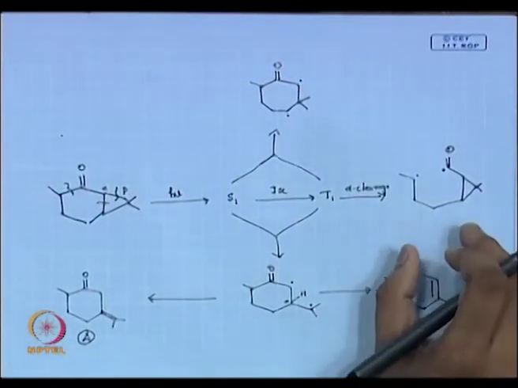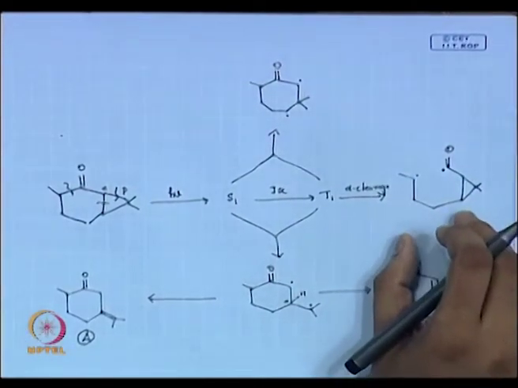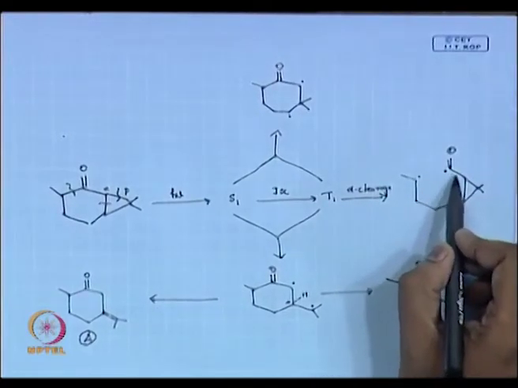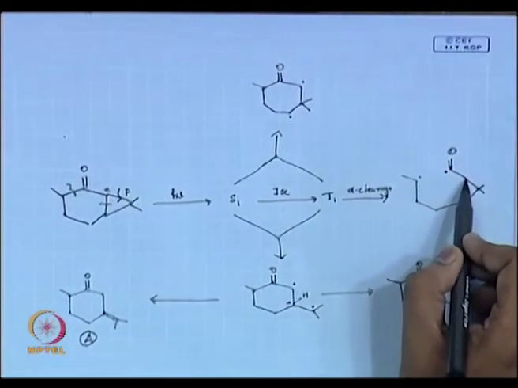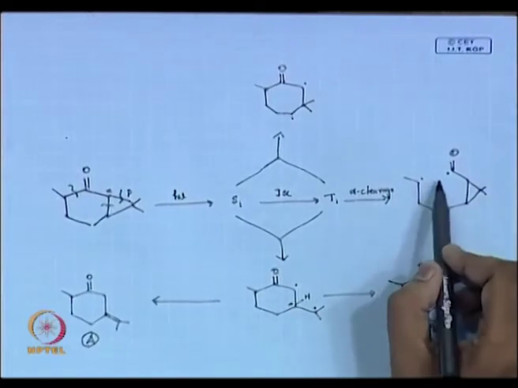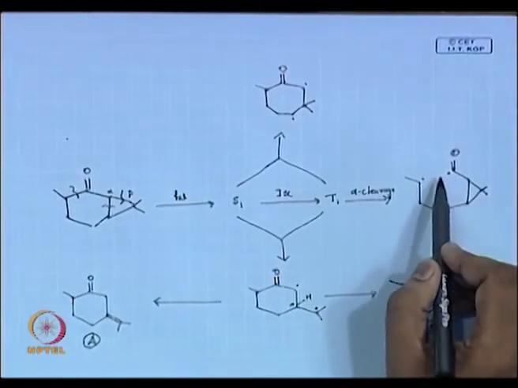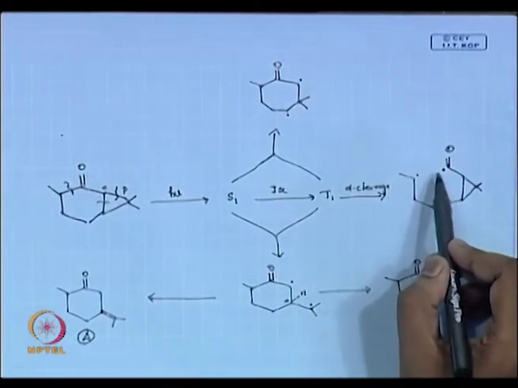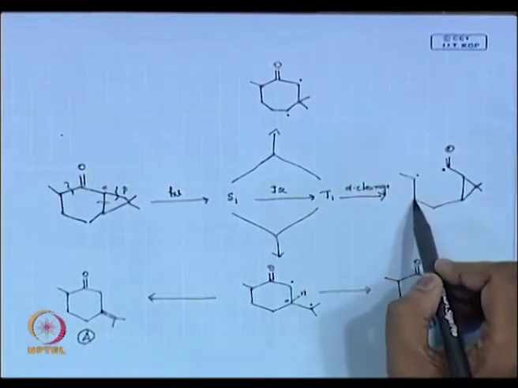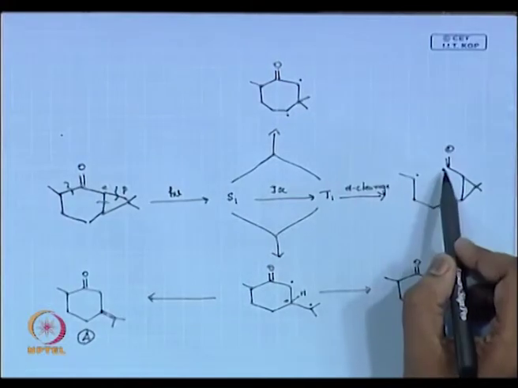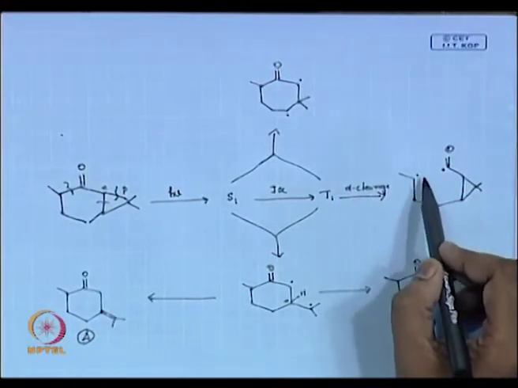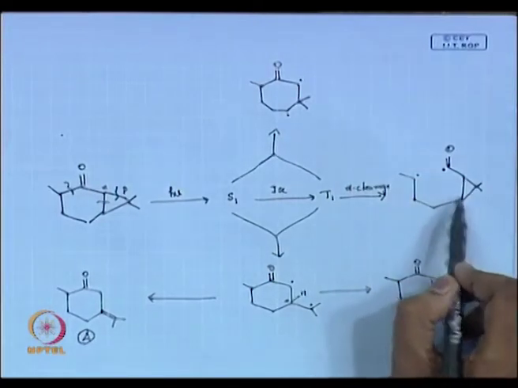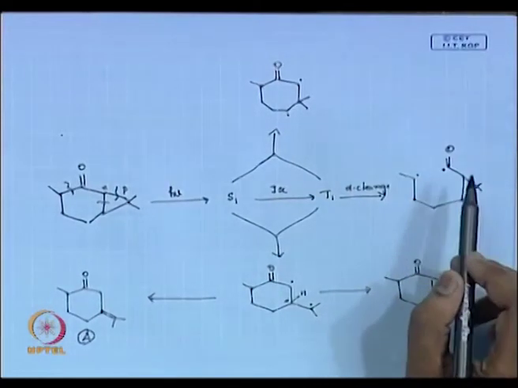So, I leave you with this radical, and you have studied what this radical can do. You can decarboxylate, then you can see what radicals you are getting. You have studied that an acyl radical can abstract a hydrogen. If an acyl radical abstracts a hydrogen, then you get an aldehyde, right. If an alkyl radical abstracts, then what you should get, but in this case you do not get that possibility, is a ketene, right.